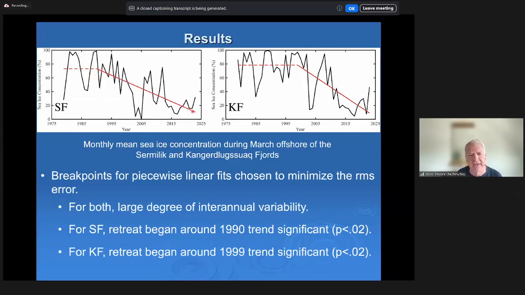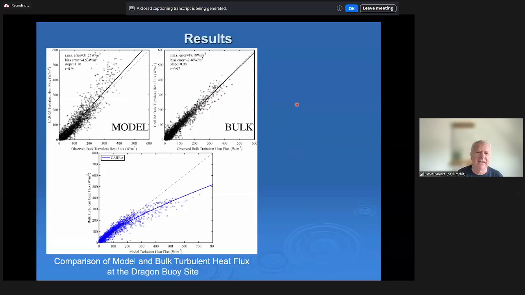The trend after that is significant. And it occurred a few years later for the Kangerlussuaq Fjord. So again, I'm going to focus on the Dragon Buoy location. Very similar results occurred for the Icelandic Greenland Sea Buoy location.